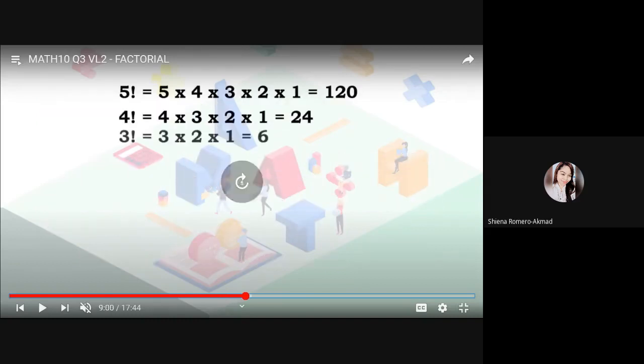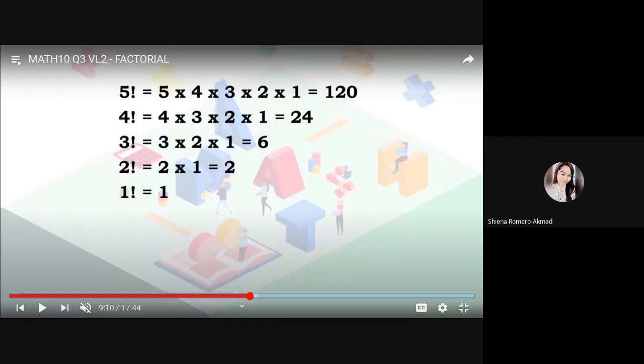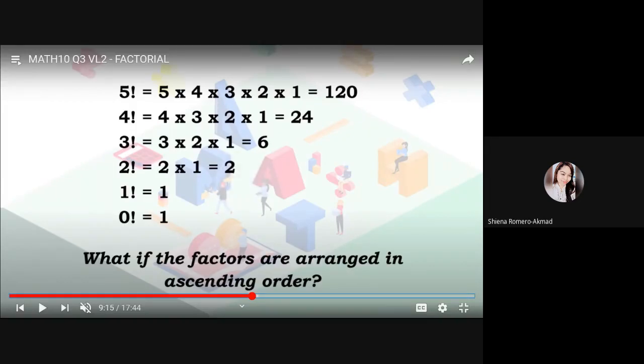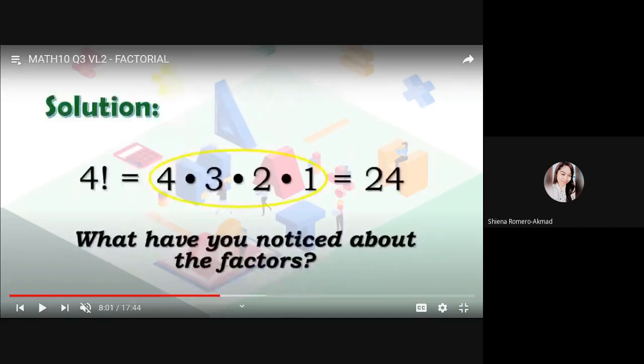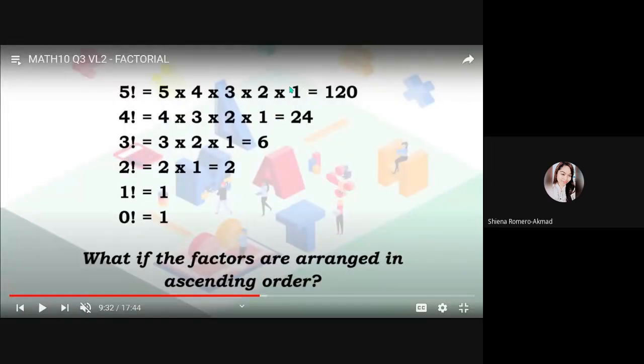We have 5 factorial, 4 factorial, 6 factorial, 2 factorial, 1 factorial, and 0 factorial. Remember, ang hindi lang natin pwede i-multiply ay yung 0, but there is also a value for 0 factorial. Hindi siya kasama dito sa i-multiply nyo to that given integer kasi it is non-negative, non-positive.